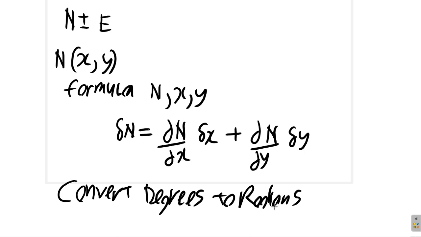Now, of course, if you have a calculator in degree mode and you take the sine, cosine, or tangent of that degree, and if you convert the degree to radians and put your calculator in radian mode and calculate the sine, cosine, or tangent, you're going to get the same thing. But what will make the difference here is the plus or minus part, the plus or minus angle in radians.